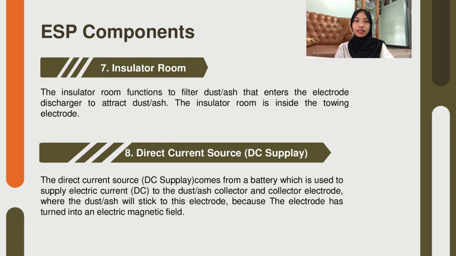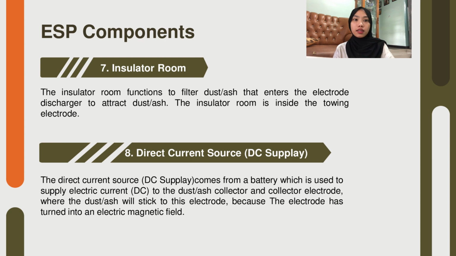The next is the direct current source or DC supply. The direct current source comes from a battery which is used to supply electric current to the dust or ash collector and collector electrode.